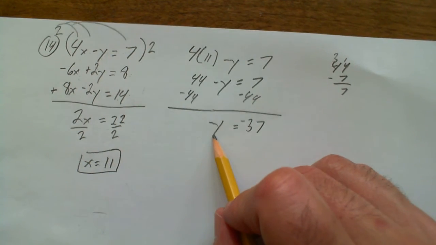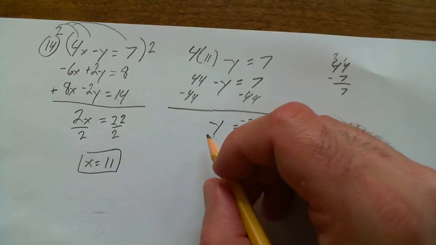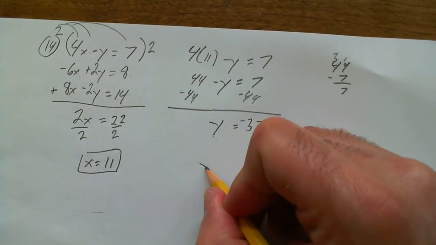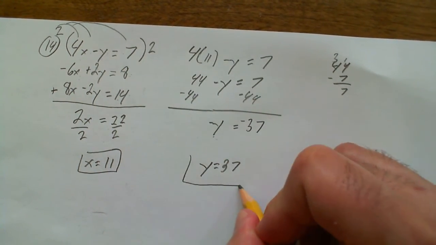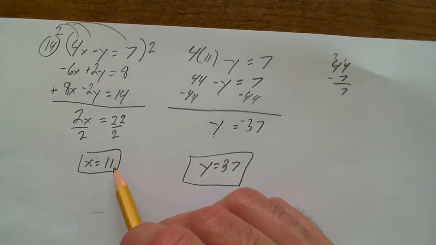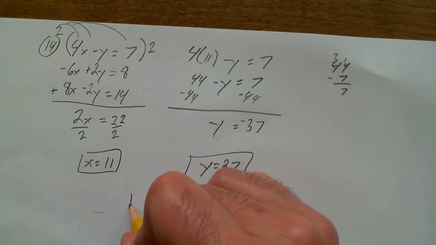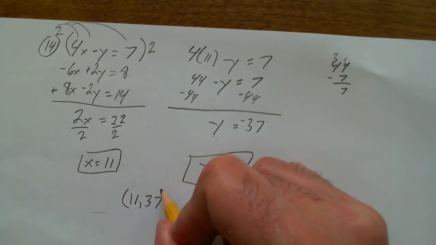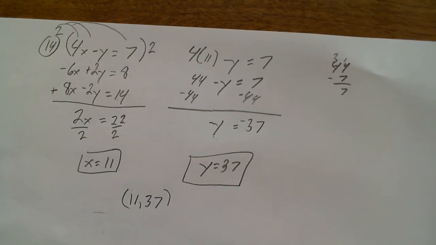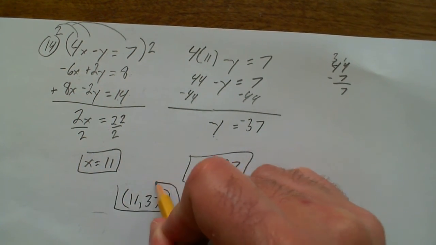Now this is negative y, so I could divide by negative 1 or multiply by negative 1 and get y equals positive 37. So our point of intersection, and then, you know, plug this in another equation to check your work. We get the point of intersection is 11, comma, 37.